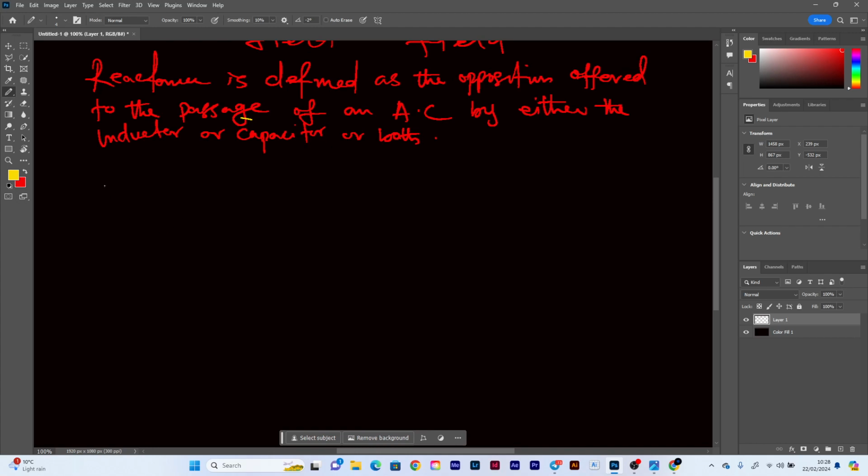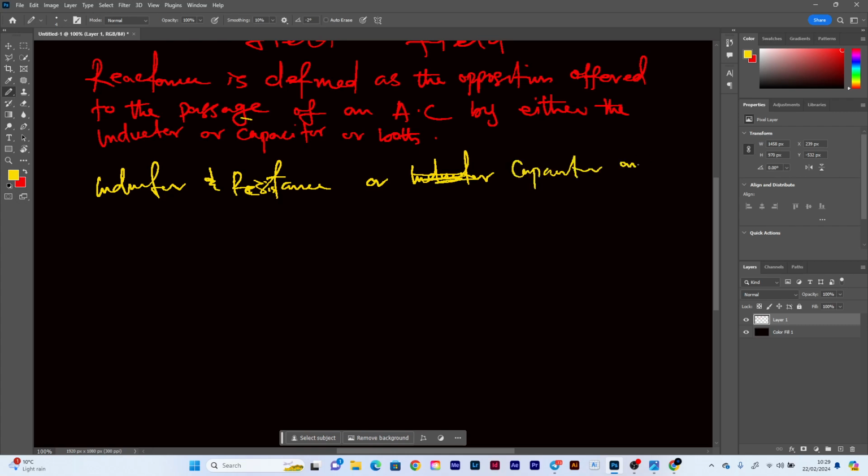Now, consider a situation whereby a circuit contains inductor and resistance, or a circuit that contains capacitor and then resistance.